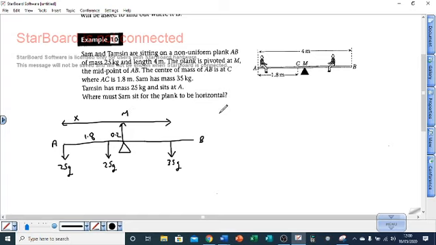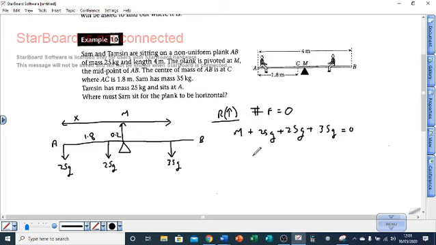So first of all, before I can do that, I need to formally tell the examiner that resolving upwards is positive. I'll be using net forces equals zero because it's in equilibrium. So to formally tell the examiner, the force M plus my 25G plus my 25G plus my 35G is equal to 0.